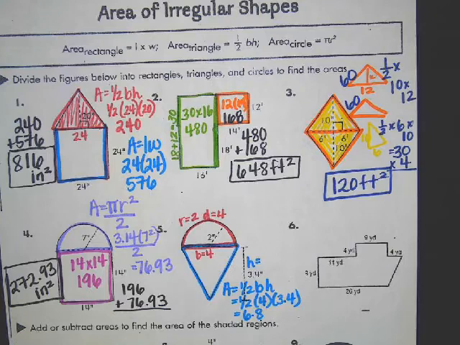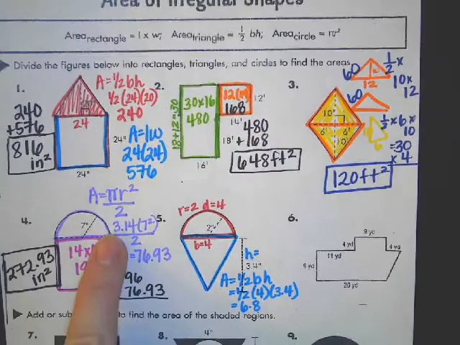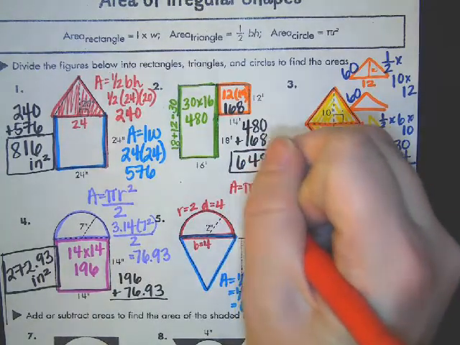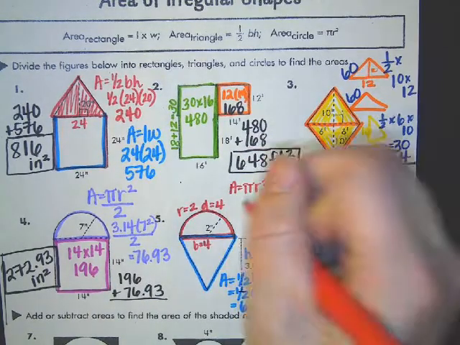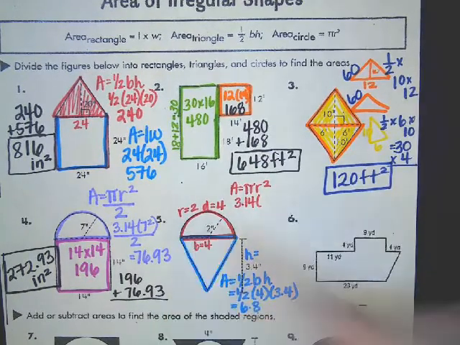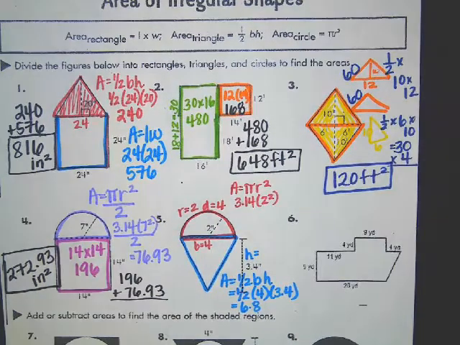Now let's take a look at the half circle. We're going to use the same formula that we did on number 4. Area equals pi r squared. Pi's value is 3.14. Our radius is 2, and we're going to square it. Remember, 2 times 2 is 4.